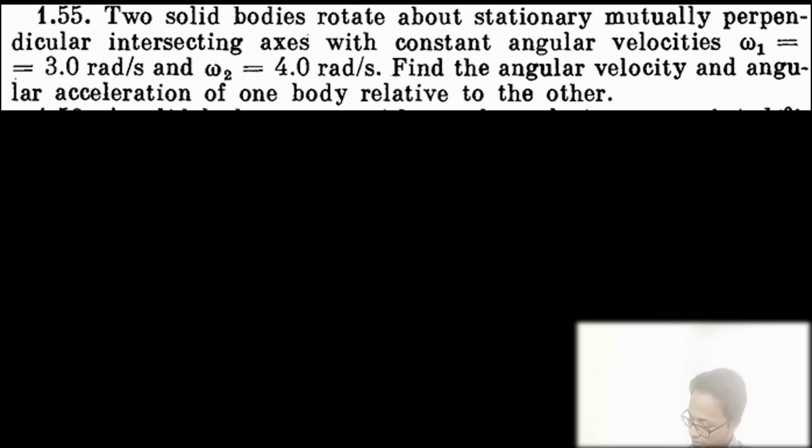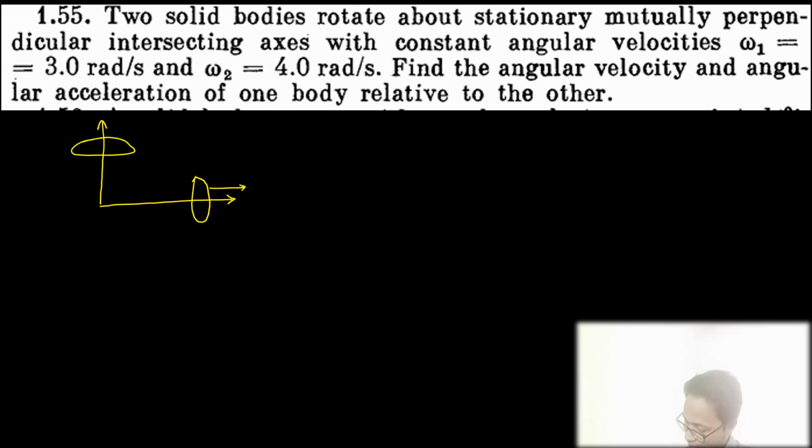So what the question is saying is there are two perpendicular axes, and there are two disks. Let's assign disk 1 and disk 2 to avoid confusion.